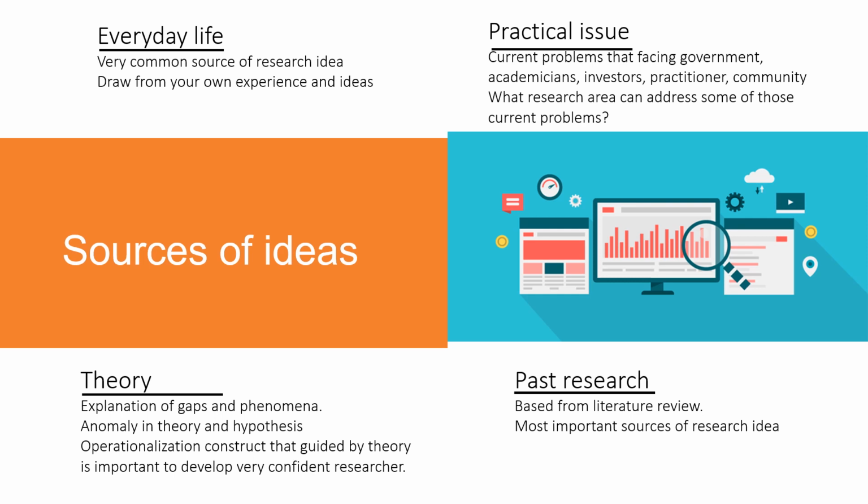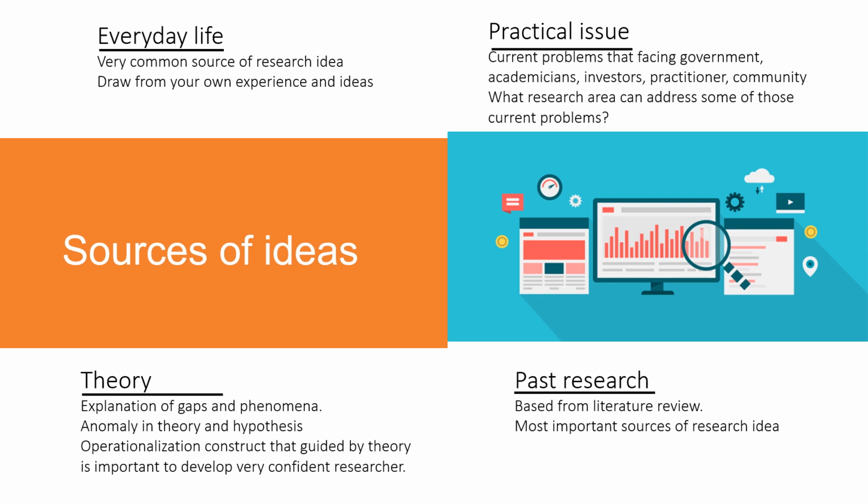So basically, there are many sources of ideas to choose a research topic. The sources of ideas can be from your everyday life. For example, from your observation, you notice that workers are not in their workplace during office hours.